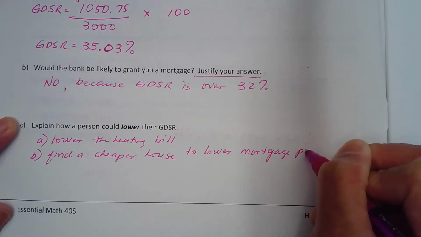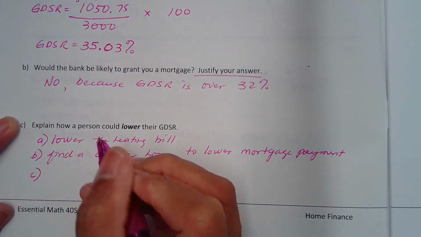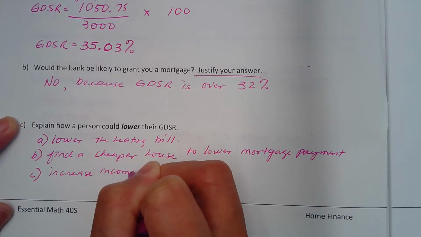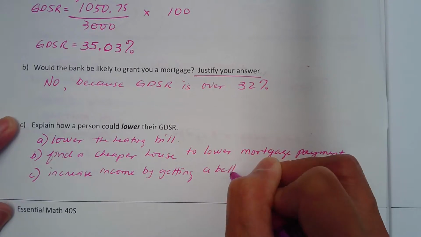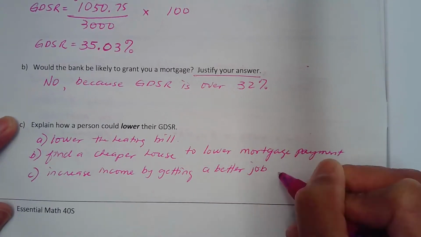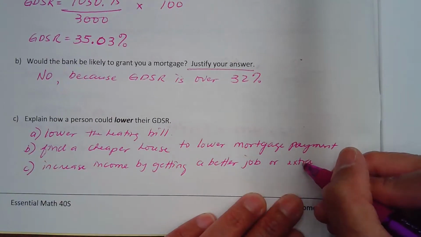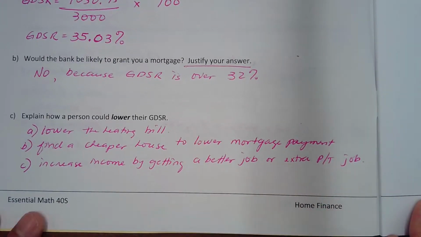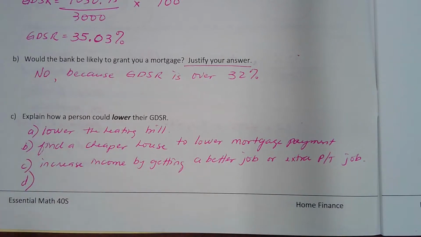Find a cheaper house to lower the mortgage payment. Get a better paying job. So we can increase income by getting a better job, or maybe an extra part-time job. Absolutely. You can also have a bigger down payment.